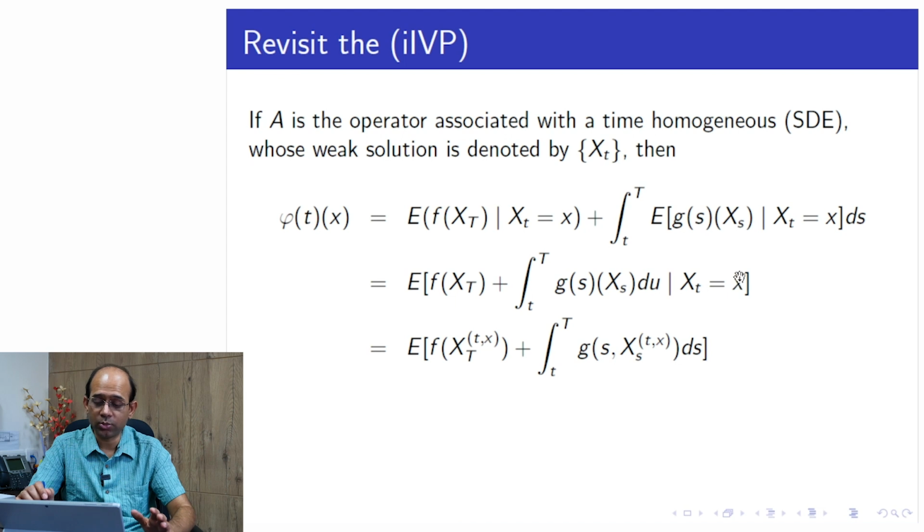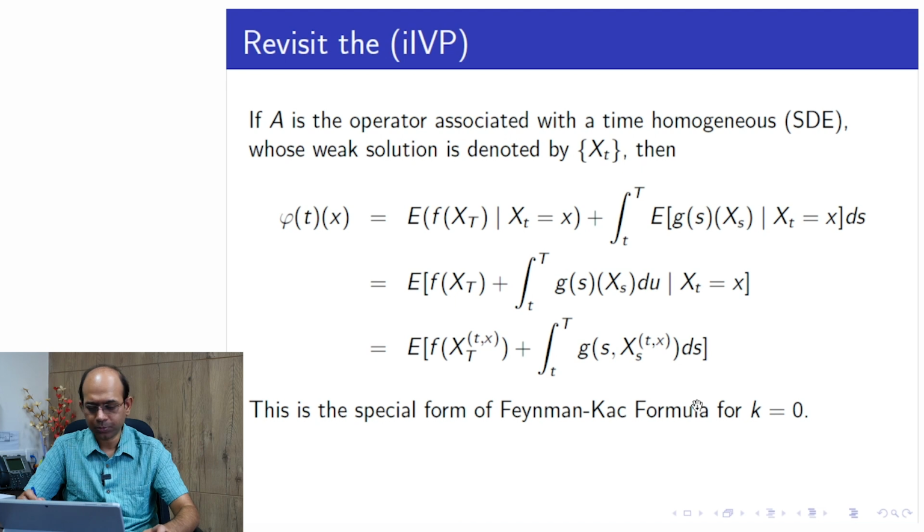Now given xt is equal to small x, I write it with the notation for the SDE, because the SDE starts at time t at small x, so we write f of x, superscript t comma x, at subscript capital T, and here it would also be x superscript t comma x at s, because the starting point is x at time t. Okay, and instead of g of s xs, I am writing g of s comma xs, because it is a function of two variables.